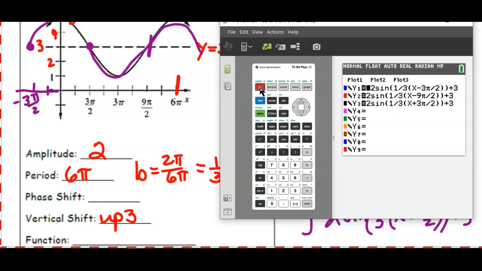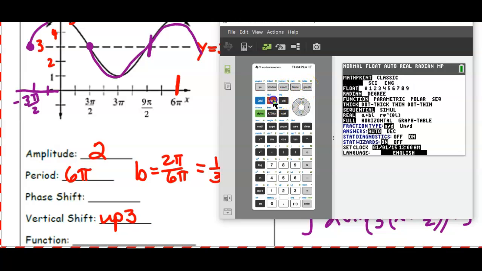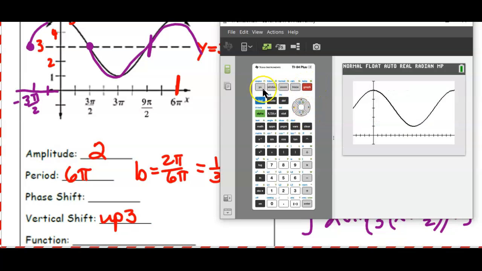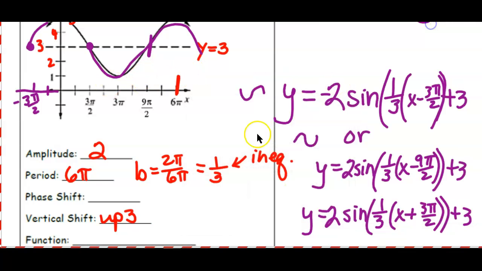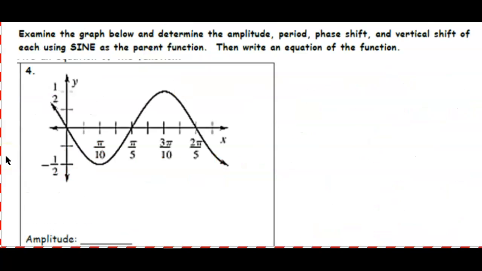It graphed as blue, then red, then black. I don't think I can do that again unless I turn them all off and back on. All of those are the same and they all match this graph. I'm not going to do a bunch on the calculator because it takes me a lot of time. You'll just have to trust me.